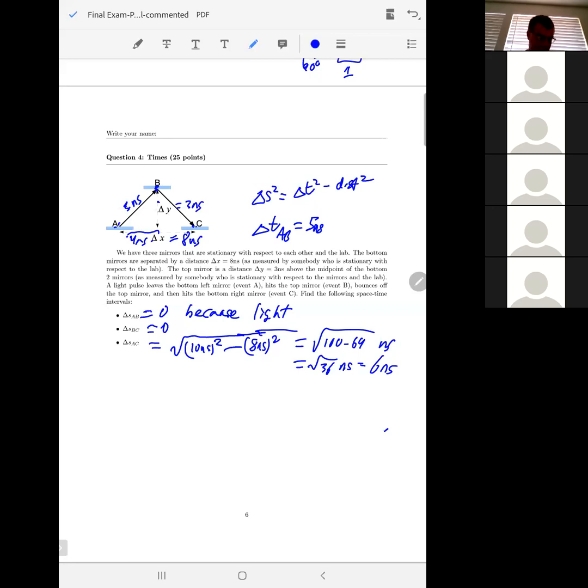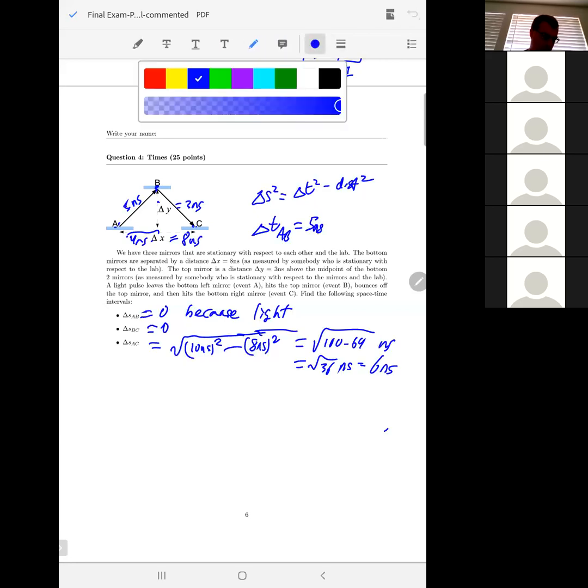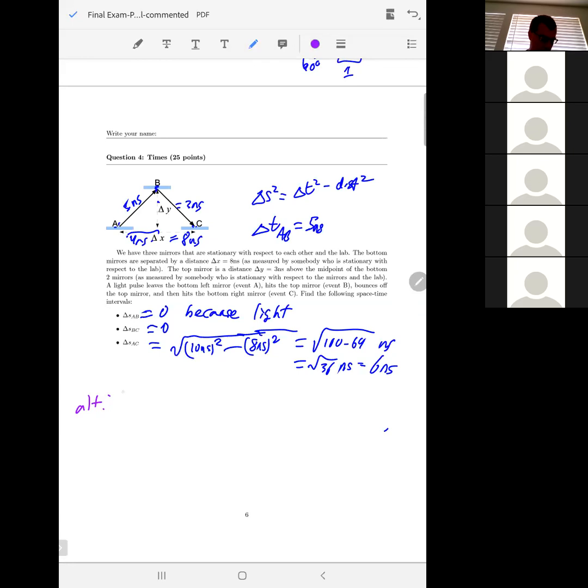If I didn't have light, let's say that instead, let me start a new drawing, different color. Let's say I have a high-speed neutron going from one to the other. Okay, well now, delta TAB is 5 nanoseconds over the speed V. All right?